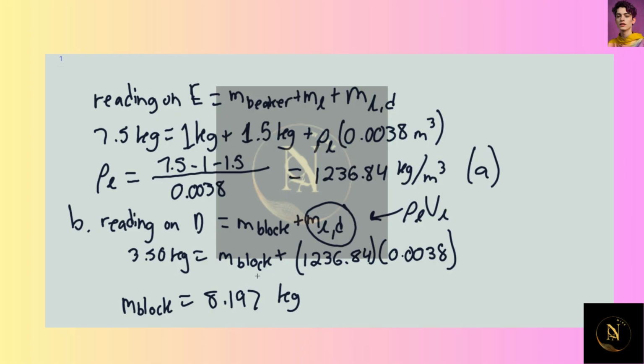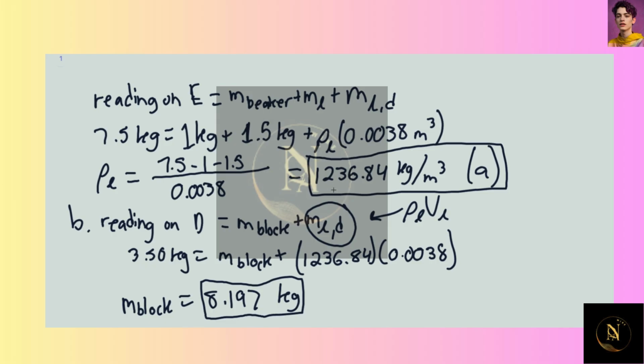Then the question for part B asks us, what is going to be the reading on scale D if block A is pulled? So if block A is pulled, the reading on D will simply equal the mass of the block, and this is going to be, of course, again, 8.197 kilograms.